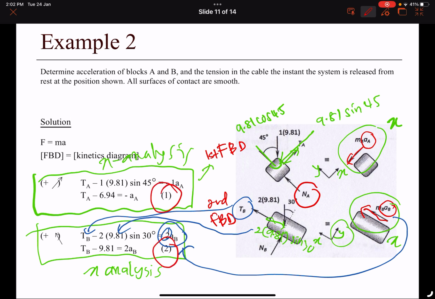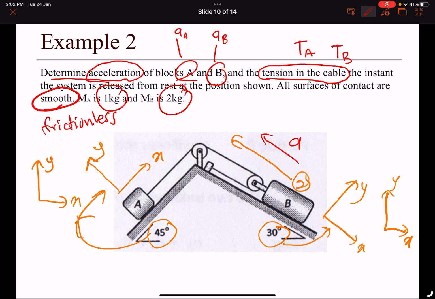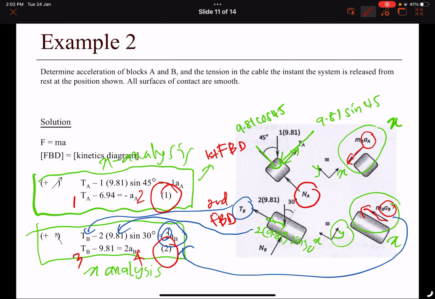So if you can see here, you have 1, 2, 3, 4 unknowns, as I mentioned to you. So if you have 4 unknowns, then you have to develop at least 4 different equations. So where to find another 2 equations?